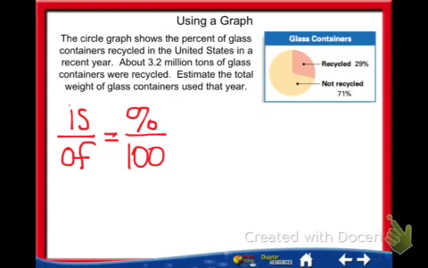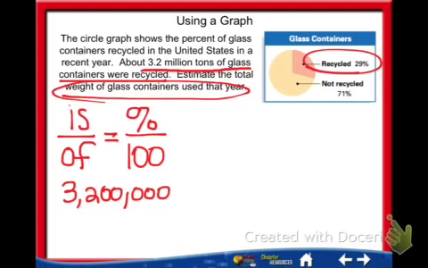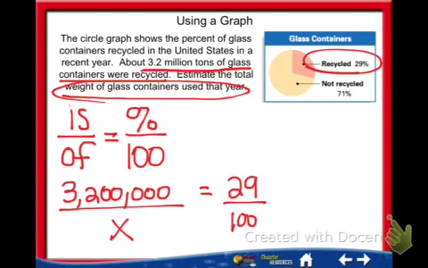What we know from our problem is that about 3.2 million tons of glass containers were recycled, which is 29%. We want to know the total weight of glass containers used that year. So let's fill in what we know. 3,200,000 is 29% of what number?